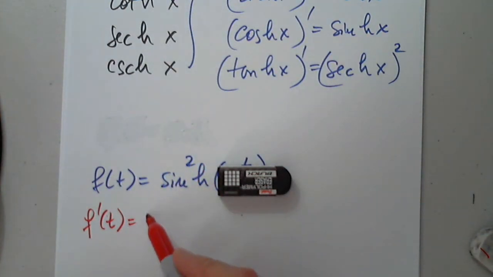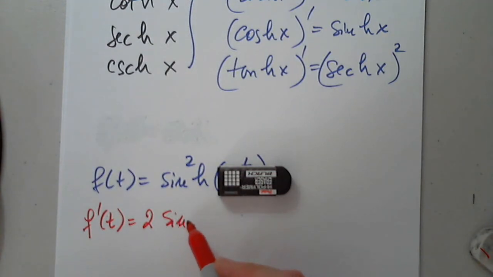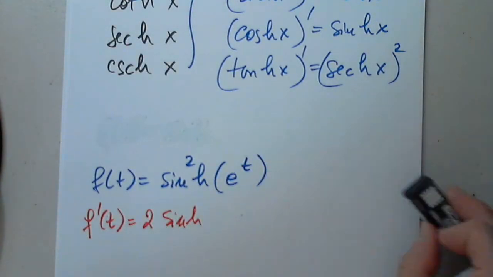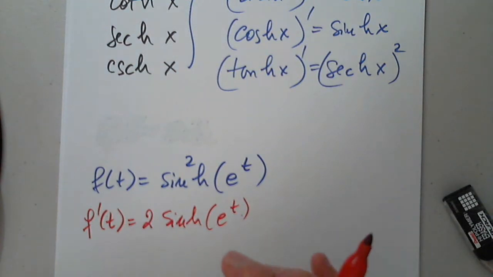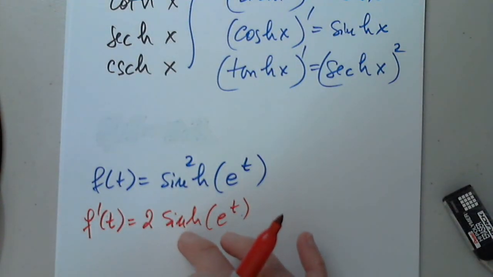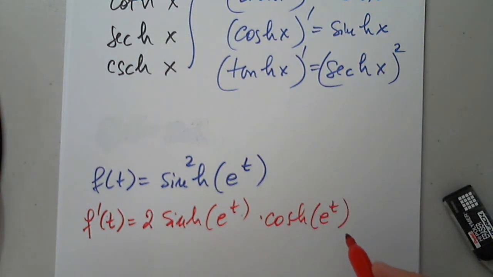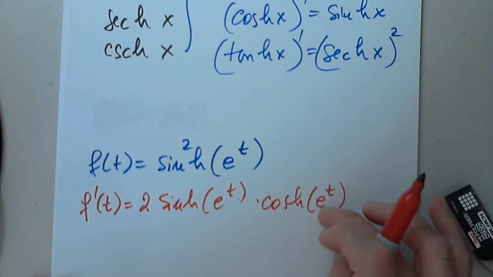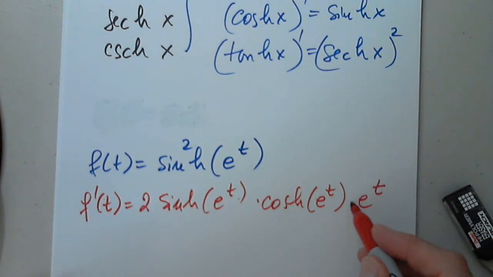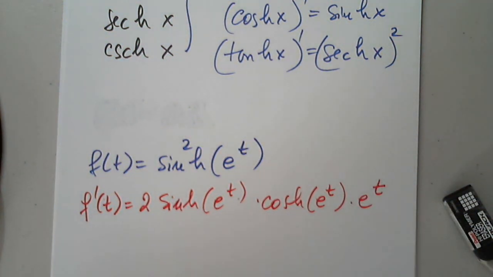We bring down 2, hyperbolic sine of e to t, times the inner function prime, which is hyperbolic cosine e to t, times the innermost function prime, which is e to t. Any questions?